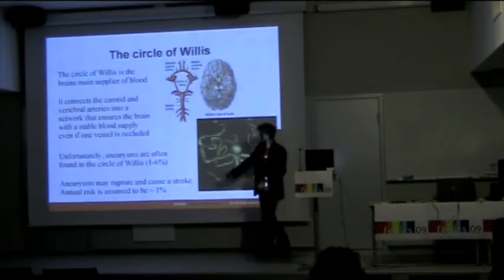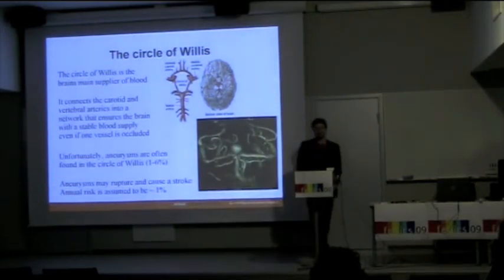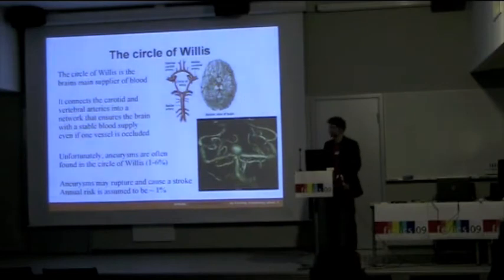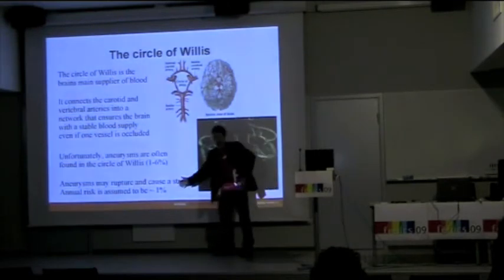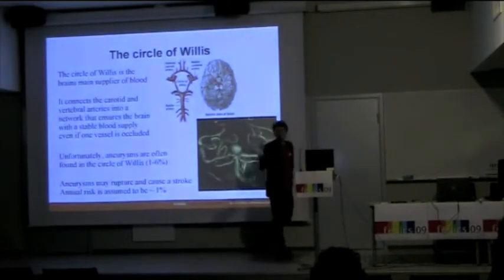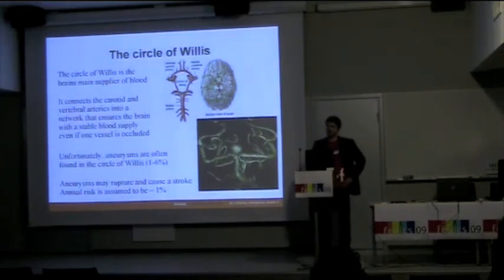The risk of rupture is very low. It's estimated to typically below 1% per year. And this is a dilemma for the surgeons because they see this a lot, but they don't know which of the persons that they should perform surgery on.